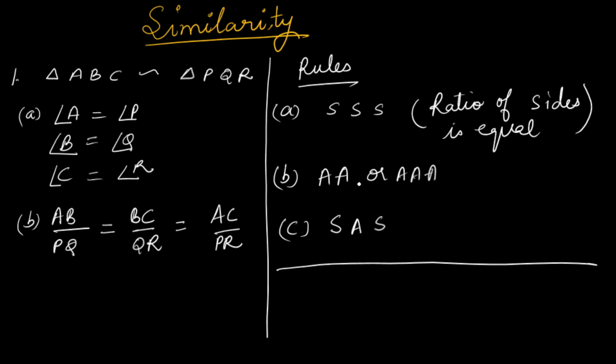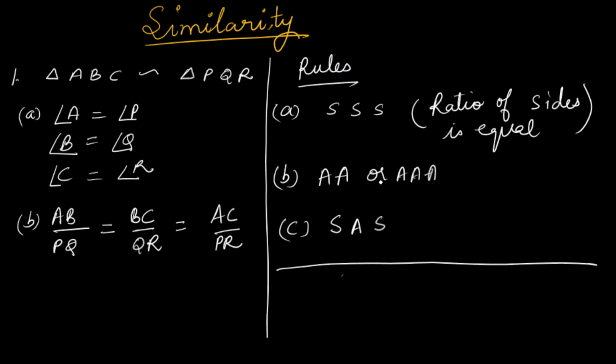To prove the similarity of two triangles, we always use these three rules. Side, side, side: when the ratio of all three sides is given to us. Angle, angle: when all the angles are equal and it's given to us.